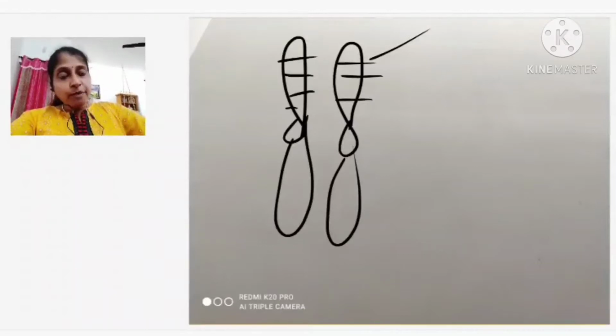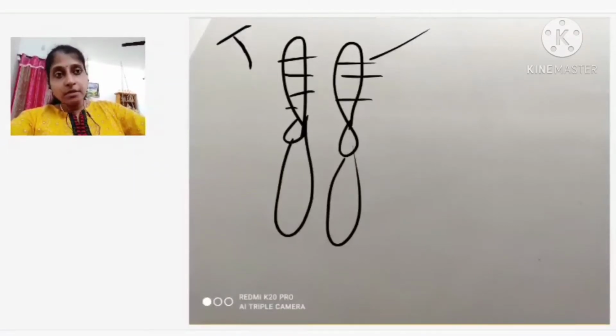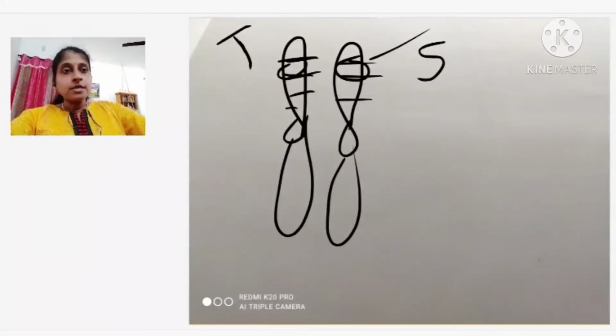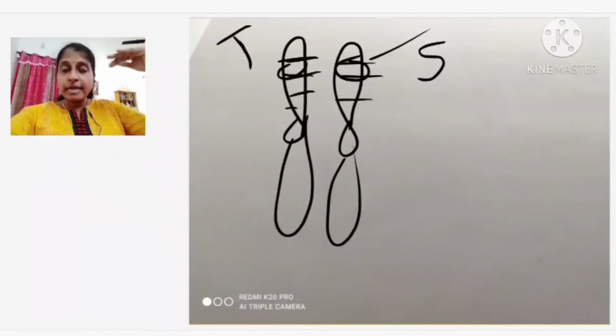Now imagine my father is tall and my mother is a bit short. In that case, the gene for tall will be present, and the gene for short will also be present. Now I will be expressing either of them, or sometimes a mediocre, meaning I may not be that tall and not that short.